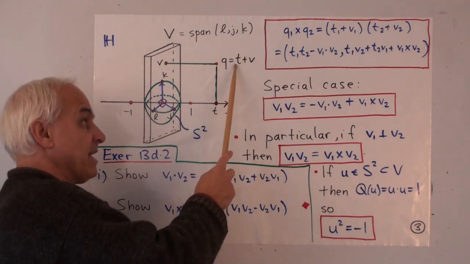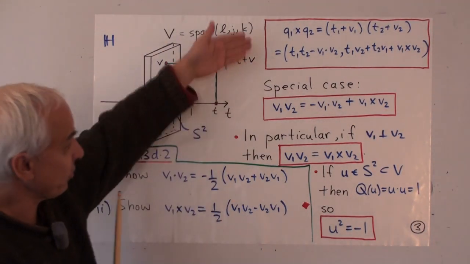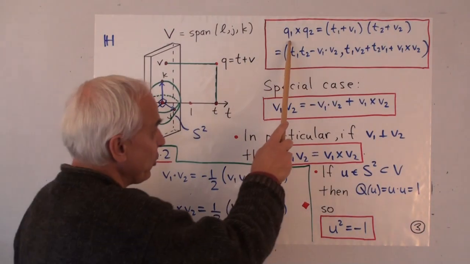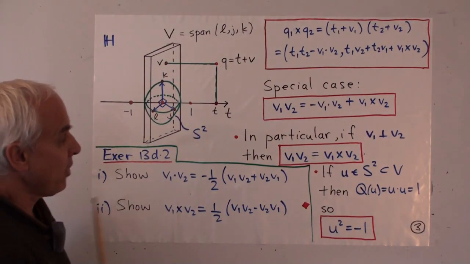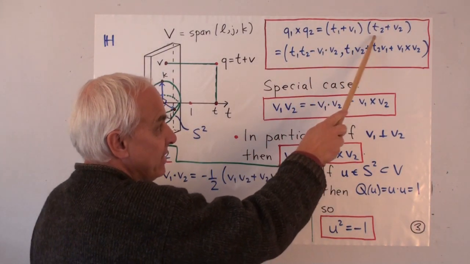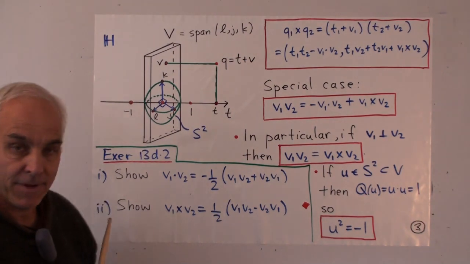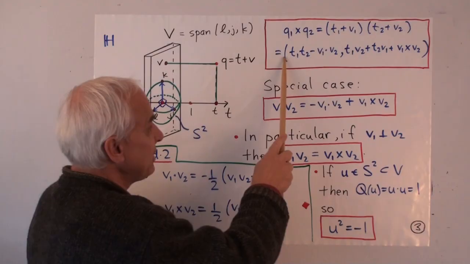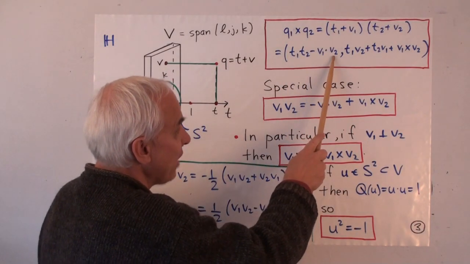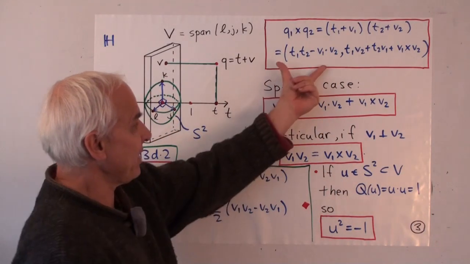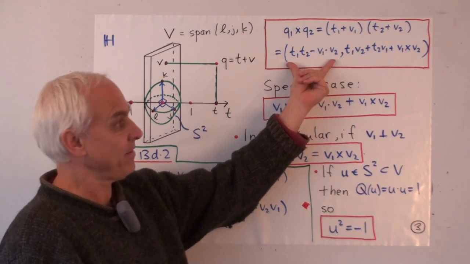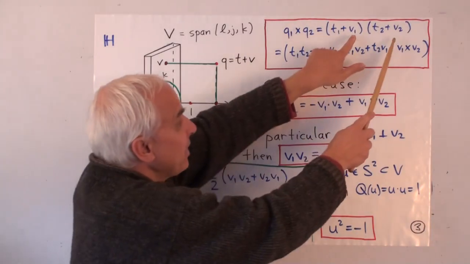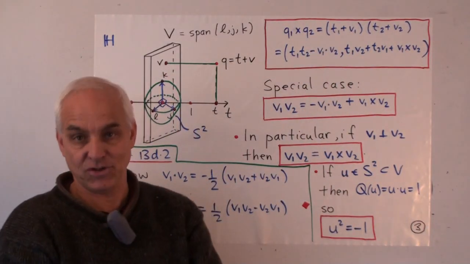So in terms of this representation of quaternions, here is the crucial formula for multiplication. So if we have 2 quaternions, Q1 and Q2, of the form t1 plus v1 and t2 plus v2, then the formula for multiplying them is this one here. It's t1 t2 minus v1 dot v2, so that's sort of the scalar part, obtained by multiplying the 2 scalar parts here and subtracting the dot product of the 2 vector parts.